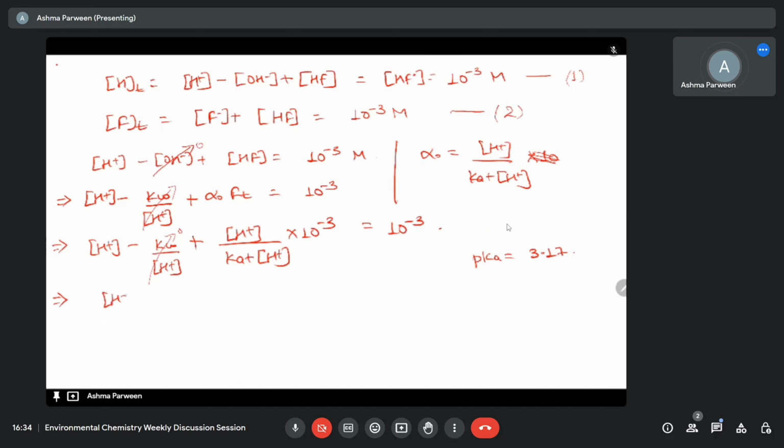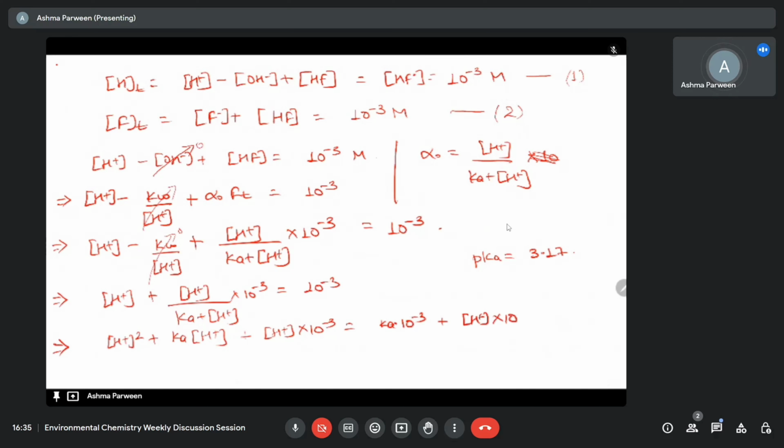We have H plus, and we have H plus upon Ka plus H plus, into 10 raised to minus 3, equals 10 raised to minus 3. Let's solve this. We will multiply here. So H plus square plus Ka into H plus, plus H plus into 10 raised to minus 3, equals Ka into 10 raised to minus 3 plus H plus into 10 raised to minus 3.